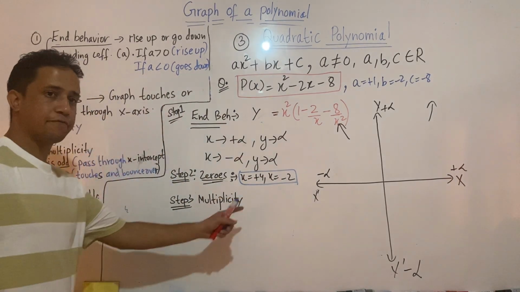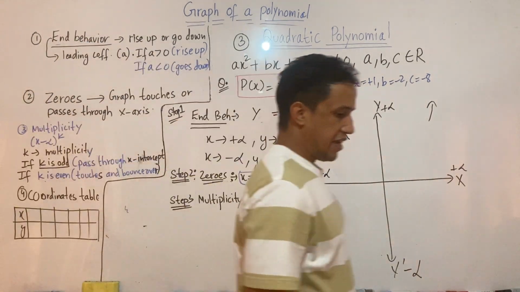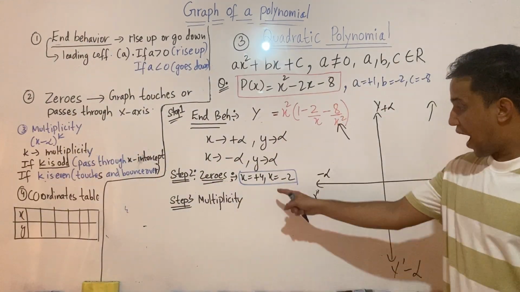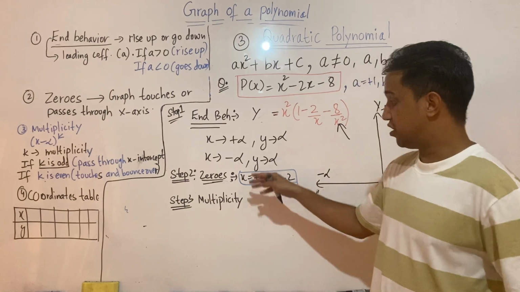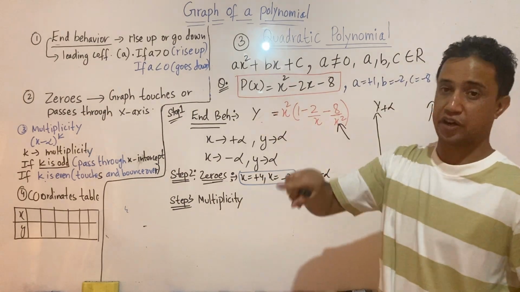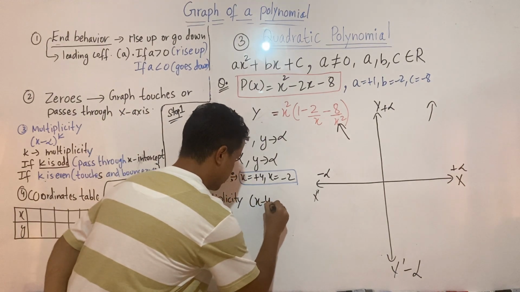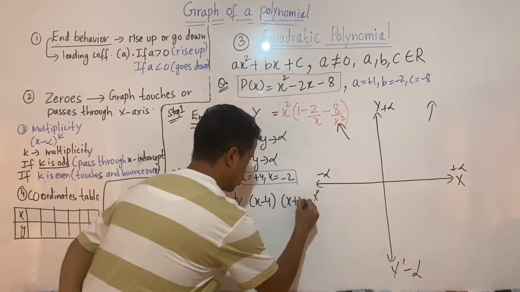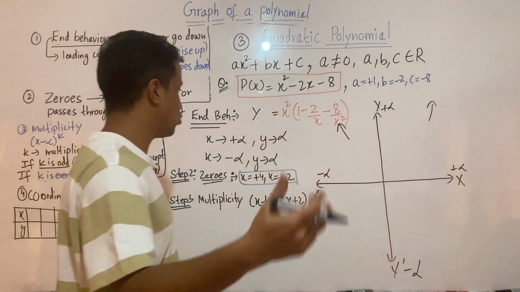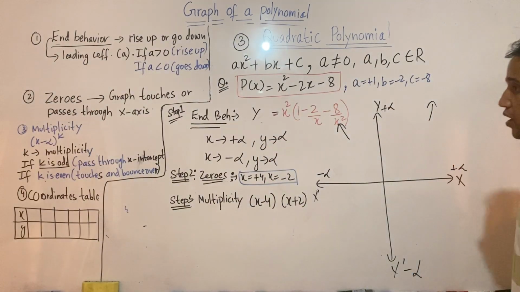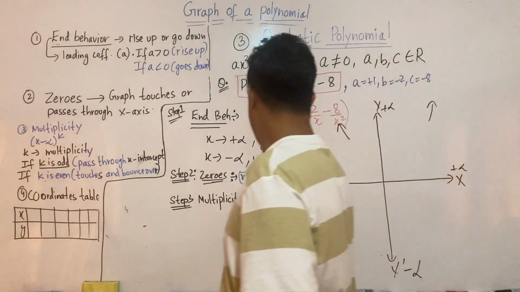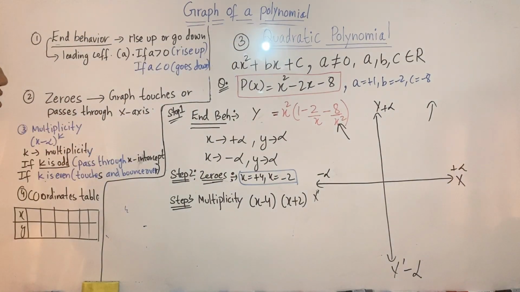Now, if I have to represent the zeros in the expression form, then I can write (x minus 4)(x plus 2). Right? I hope you agree.